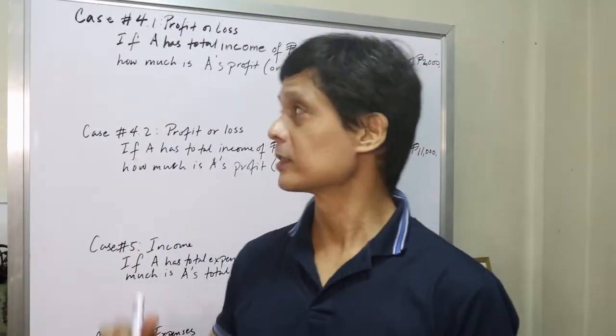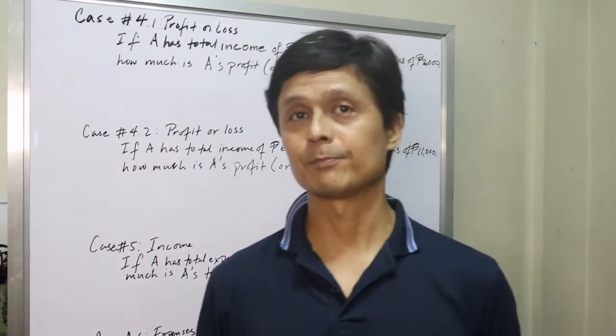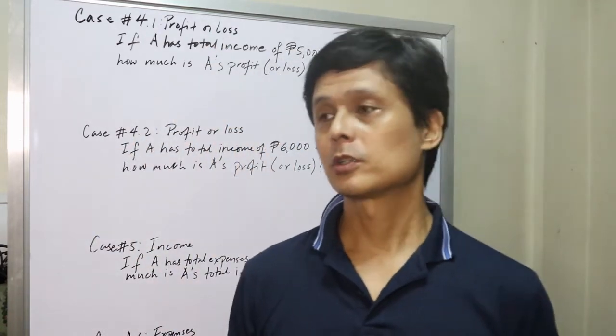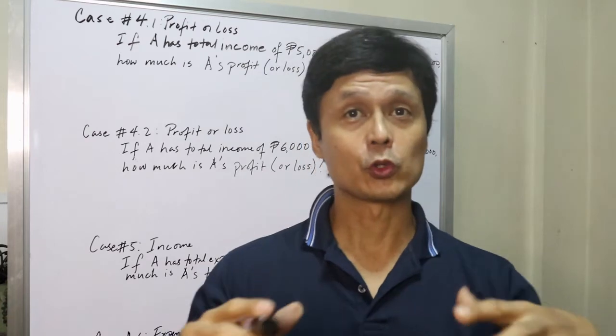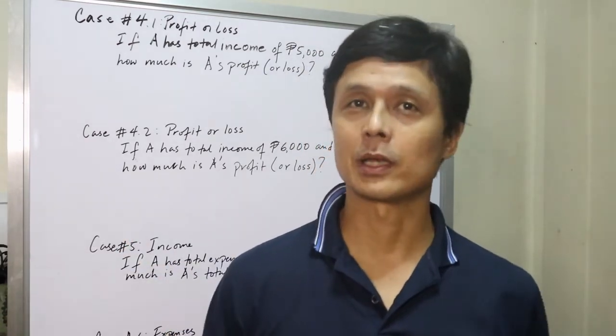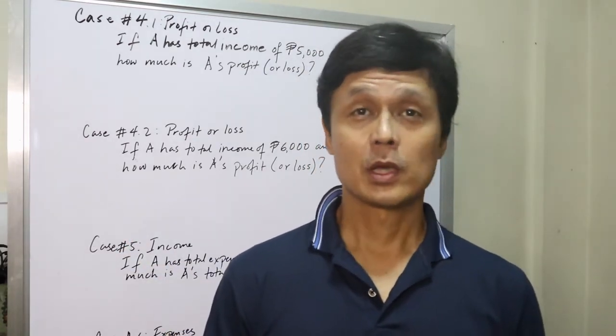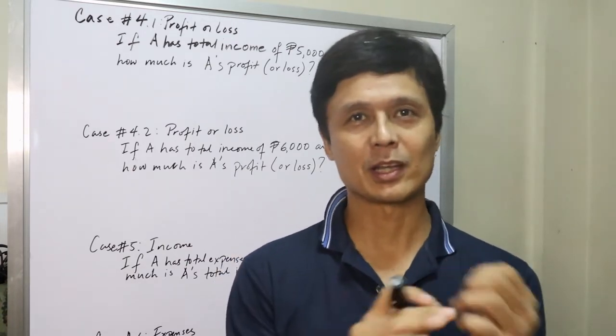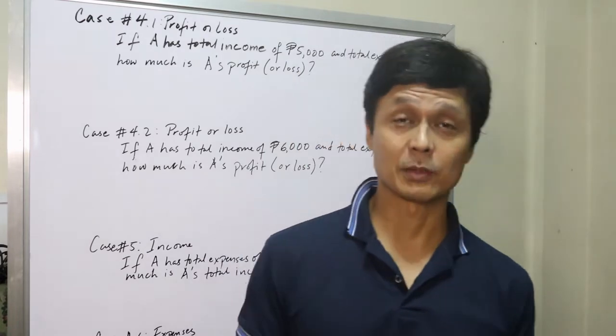Let's go now to case number 4.1. Ngayon naman, pag-usapan naman natin yung sa profit or loss, no? So, ito naman yung kasama na dun sa expanded accounting equation. Now, it's important to note that yung profit and income, sometimes they are interchanged as one and the same, no?